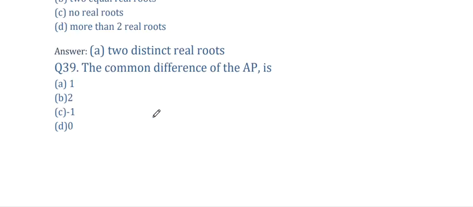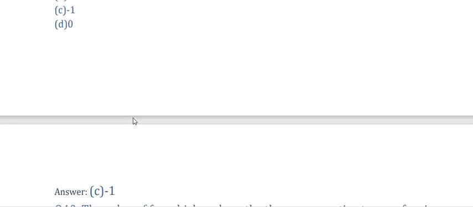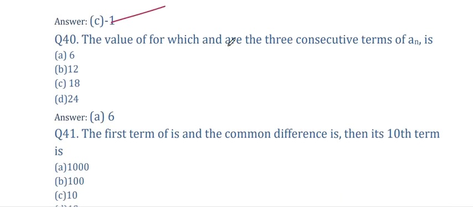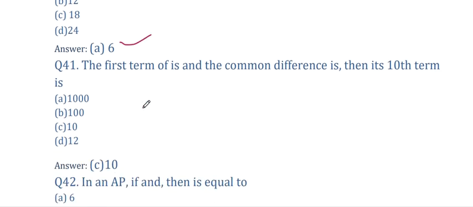The common difference of the AP is what? If a question is not available, then leave it. The value of n for which the three terms are consecutive terms of an AP is what? That is 6. The first term of an AP is given and the common difference is given, then its 10th term will be what?